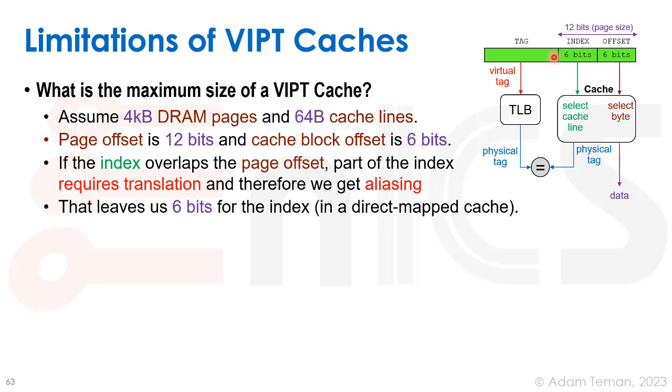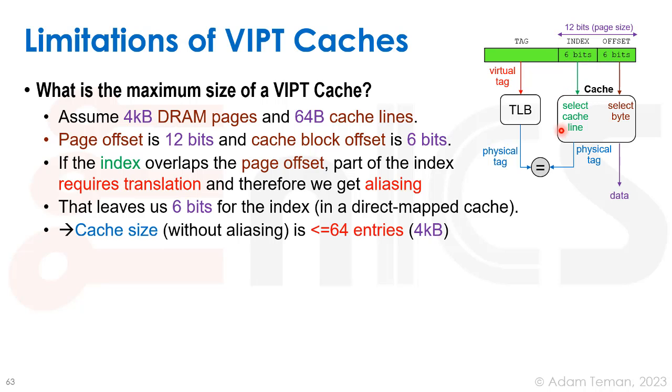That means that it could be in 2 places, basically, and that's not something we can deal with. So we are limited to using these 6 bits, and therefore our cache can only be 64 entries deep. Okay, if it's 64 entries deep and we're direct mapped, that means we only have 4 kilobytes at the maximum inside our cache.